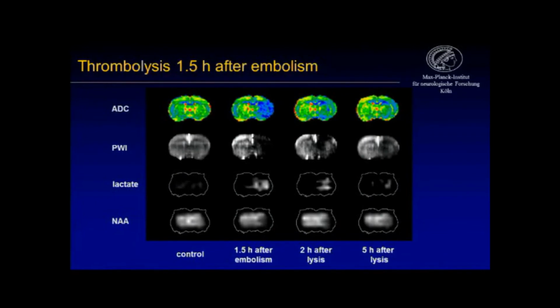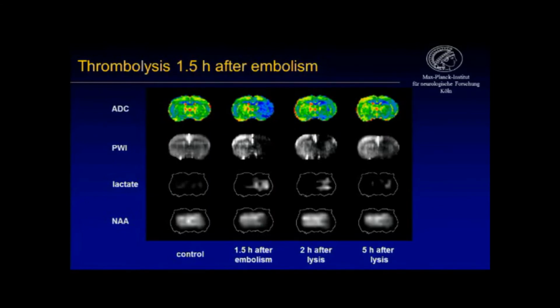When we do a lysis treatment in such an animal, we observe something interesting. An hour and a half after the embolism, we start to lyse the blood clot, hoping for reperfusion. Before lysing, we see a large affected area.